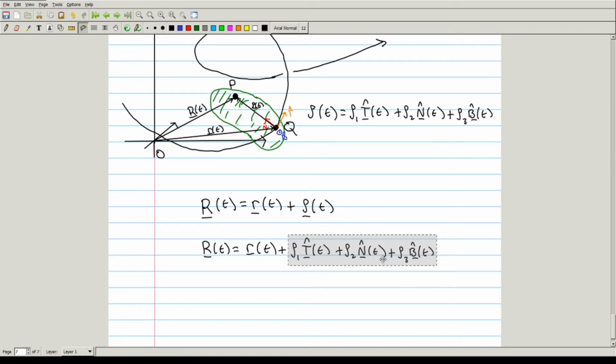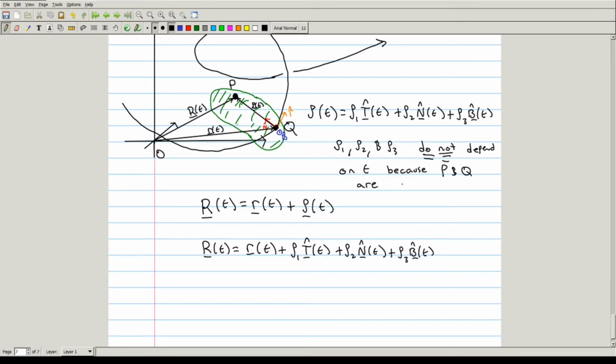And it's really important to point out here that rho 1, rho 2, and rho 3 do not depend on time, or on the parameter t, because P and Q are frozen into the body.